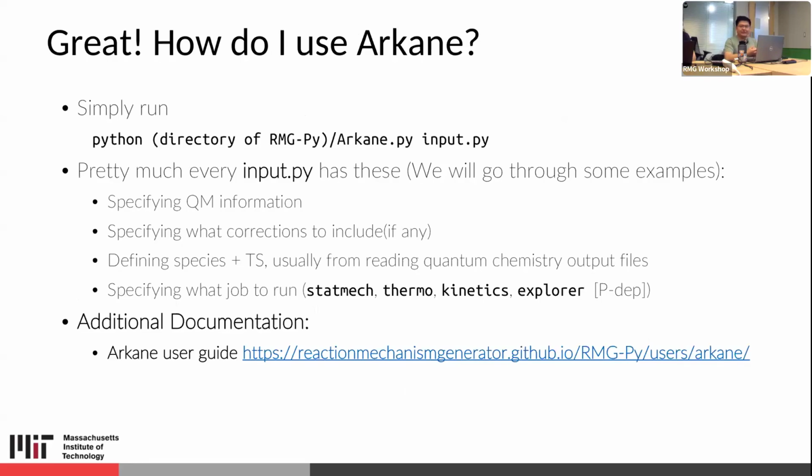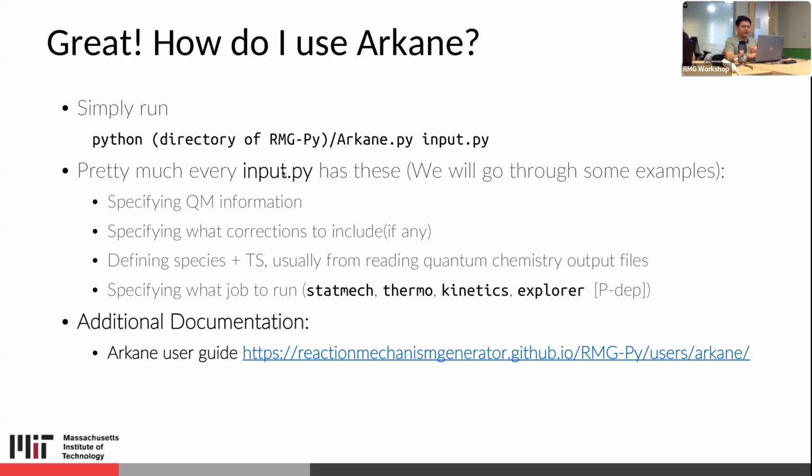Okay, so this all sounds great. If you're interested in using it, it's quite easy. All you have to do is call Python, wherever you have Arkane installed, slash arkane.py, and call that on your input.py file. You'll notice that the input file is a Python script, much like other aspects of RMG.